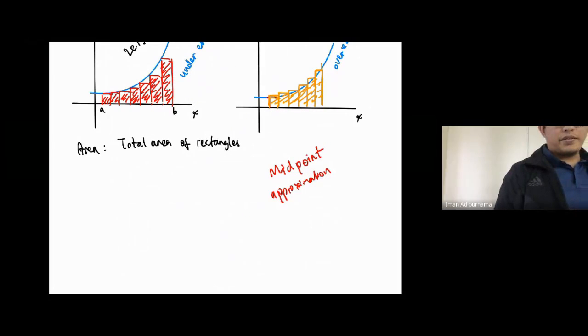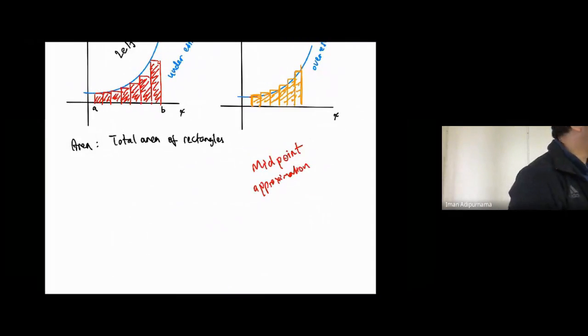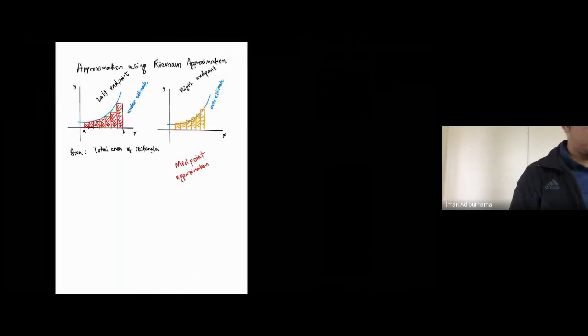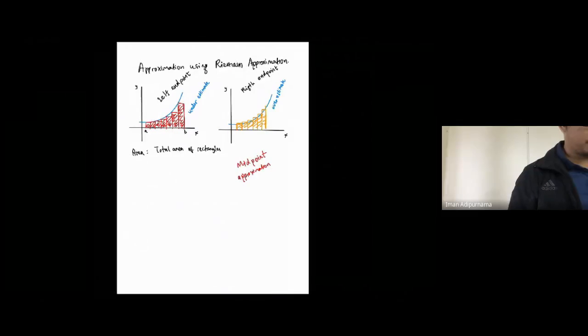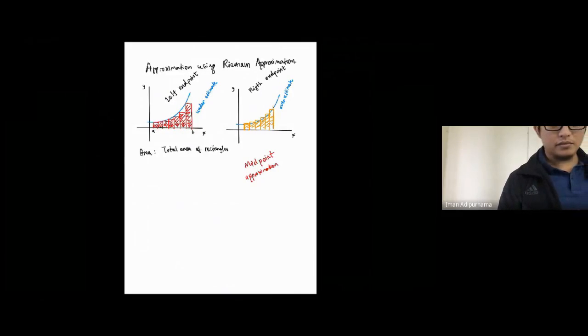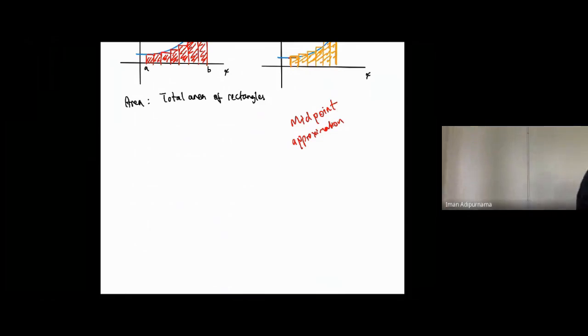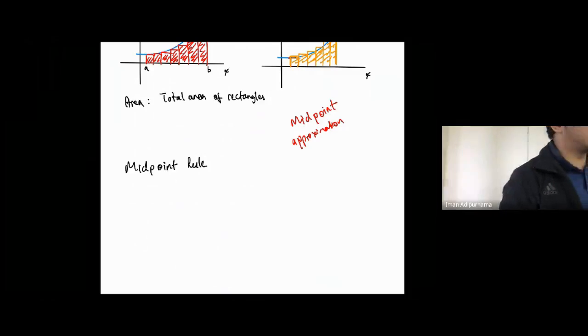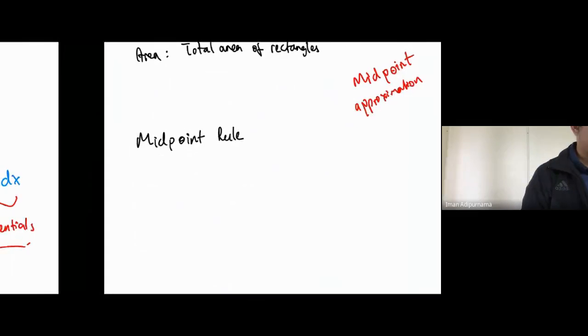Okay, and also we have the midpoint approximation. So left, right, and we also have the midpoint. Instead of using the left or right, we can use the midpoint. Let me write the midpoint rule. I will give you all the necessary theorems first, and then maybe we can have the examples later.